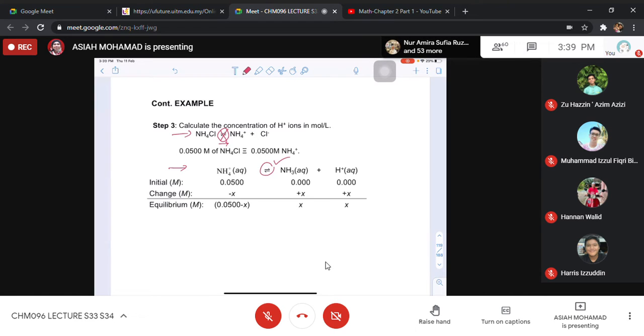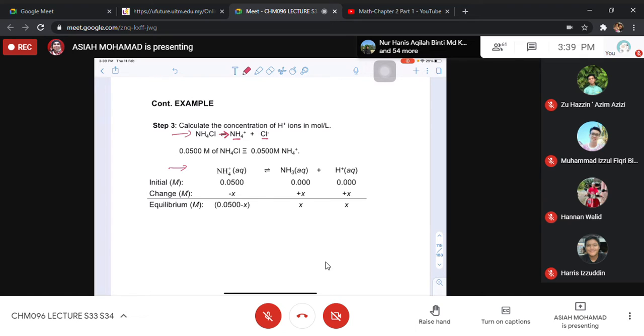Once you have done this salt dissociation, producing NH4 plus and Cl minus, consider these two ions and determine which one will further hydrolyze in water.